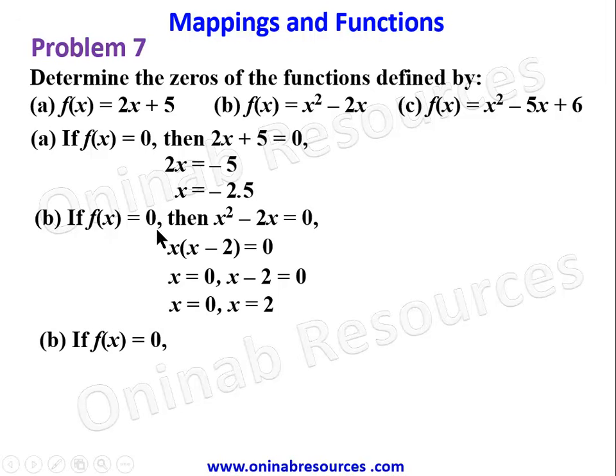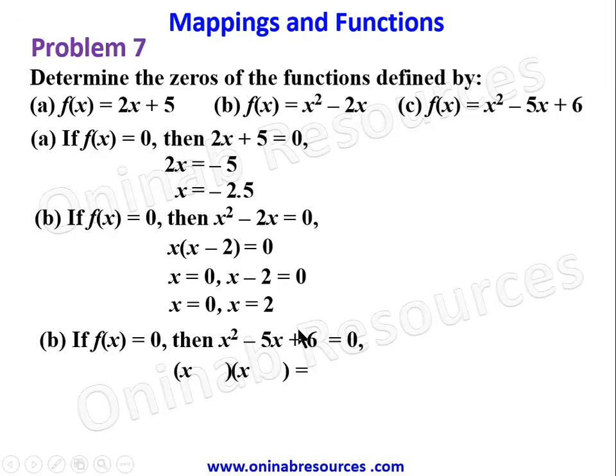Now we go to C. For problem C, if f of x is equal to 0, x squared minus 5x plus 6 is equal to 0. This is a quadratic equation solved by the factorization method. Since the coefficient of x squared here is 1, I can have x in two separate brackets.